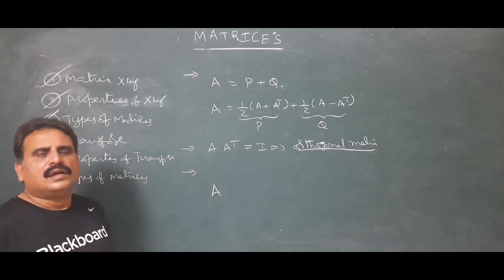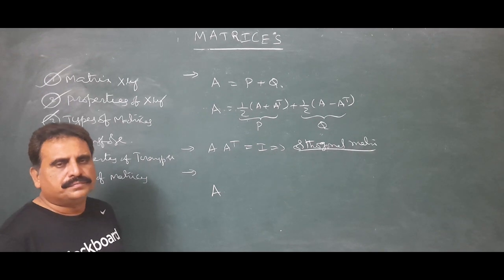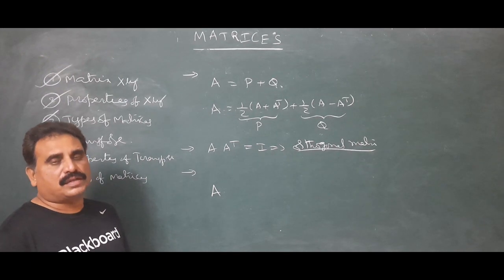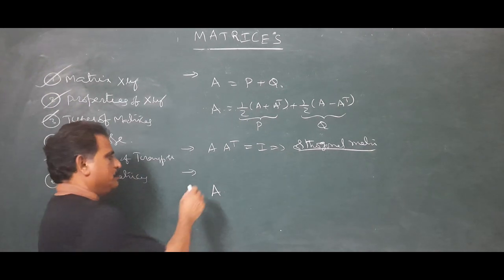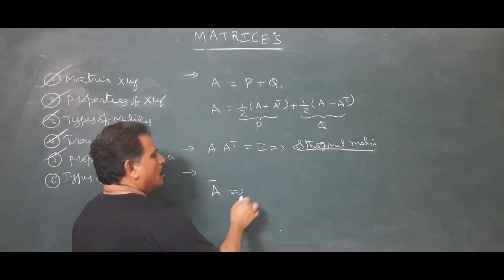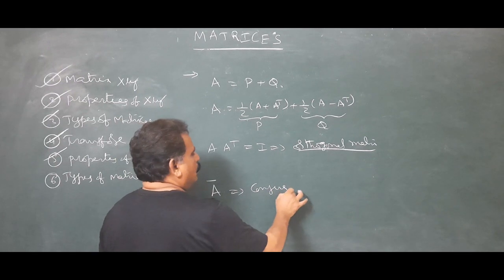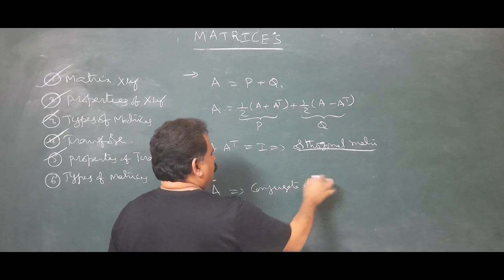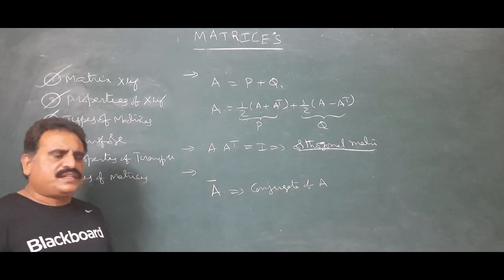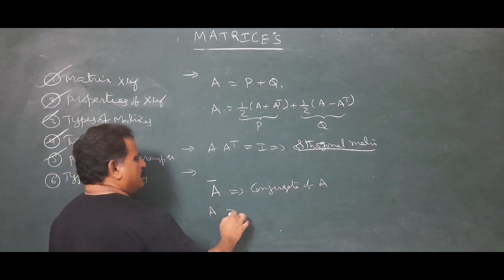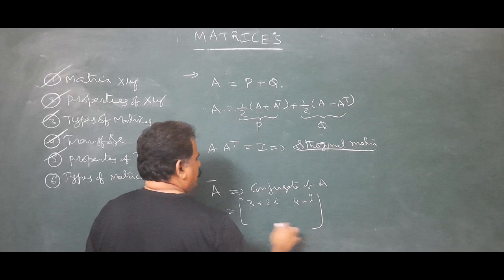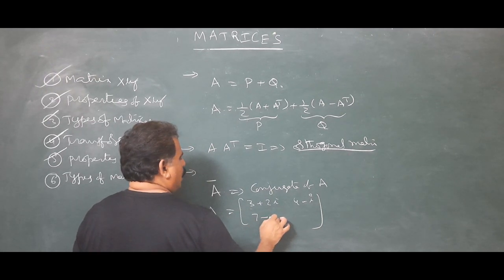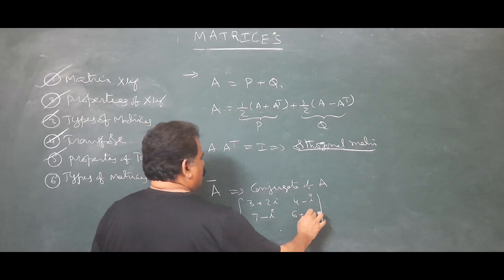Next, let A be a matrix with complex number entries, then A bar is called the conjugate of A. For example, if you take A as 3 plus 2i, 4 minus i, 7 minus i, 6 plus 7i.